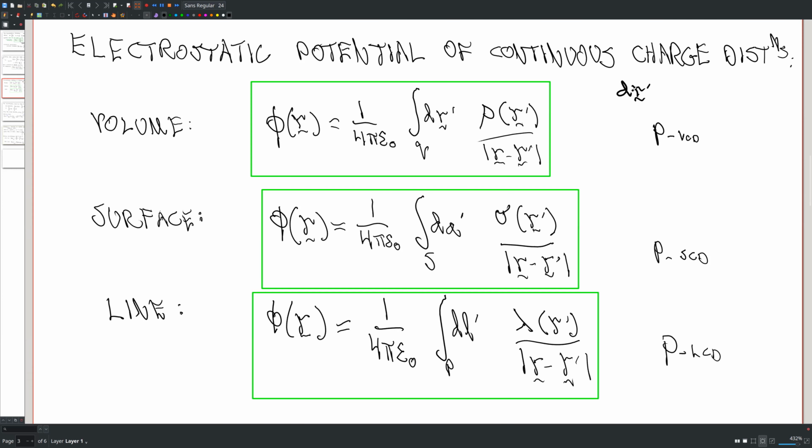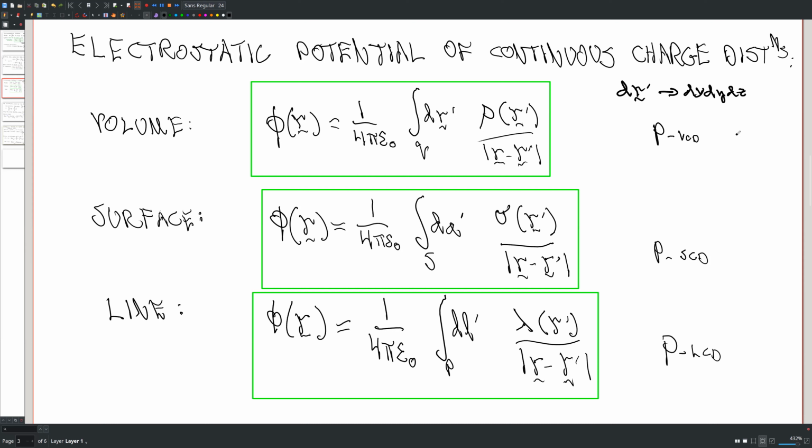So it's a notation. I could write a d3r or something if you preferred. But really, what this means is, if you're using Cartesian, you would do dx, dy, dz. Or if you're using spherical, you do r squared sine theta, dr, d theta, d phi, etc. It's the volume differential element.